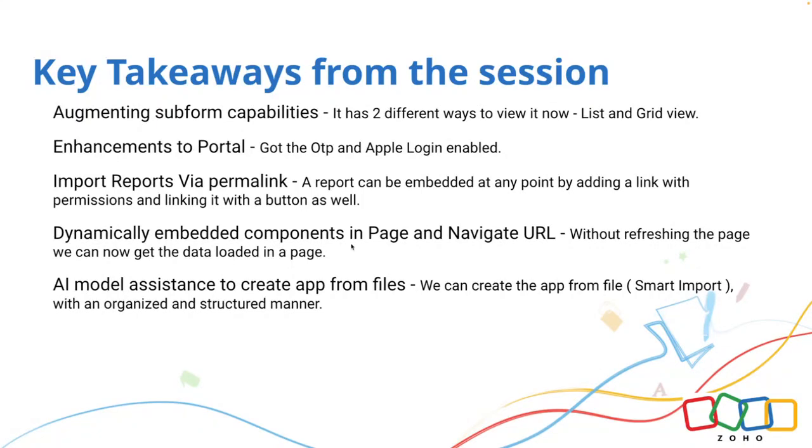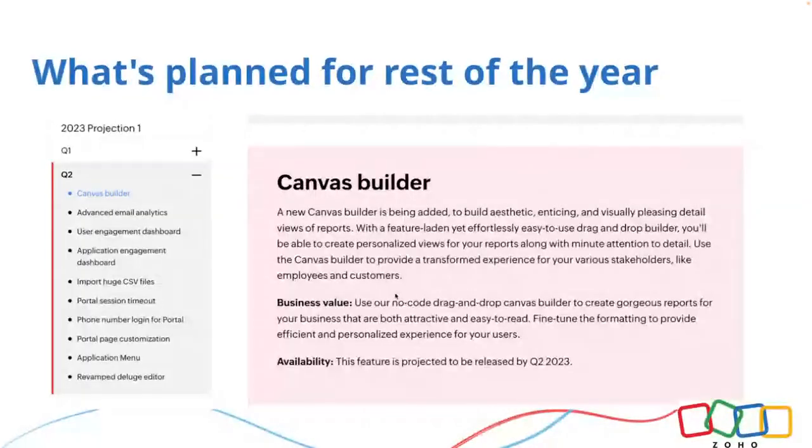And dynamically embedded page components, where without refreshing the page itself, we can get the data loaded in the page. And AI model assistance, a new option which has been added before even creating the application. Now let me show you what is planned for the rest of the year. So you need to stay tuned. These options are coming. Yes, these are in the pipeline and on the way.